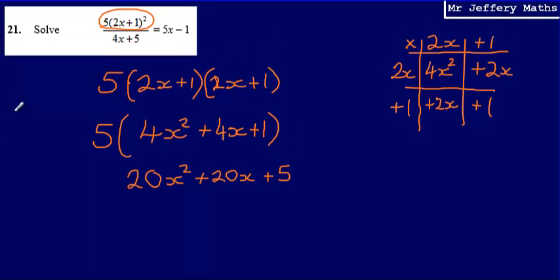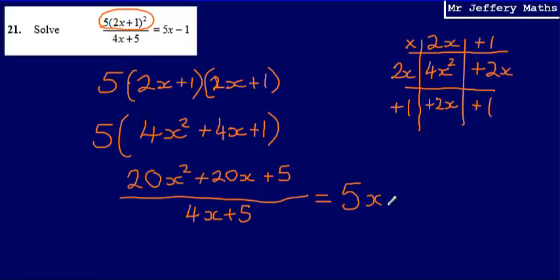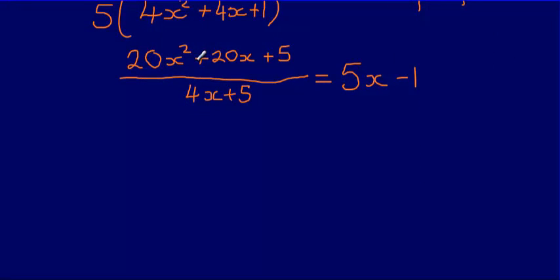And so I've got 20x² + 20x + 5, divided by 4x + 5, and that is equal to 5x − 1. So all that I've done to begin with is deal with that part on top. I've expanded out those brackets, and now I can deal with the rest of this.